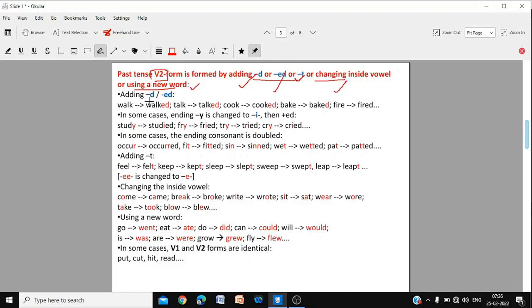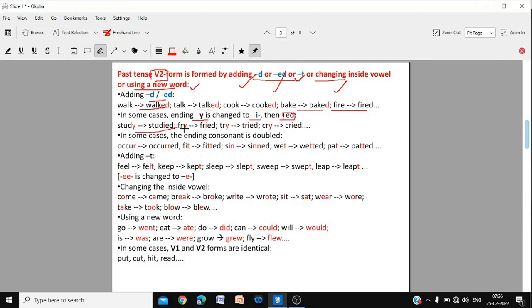Here we are using D or ED: walked, talked, cooked, baked, fired. In some cases, Y is changed to I. The ending Y will be changed to I and then plus ED.